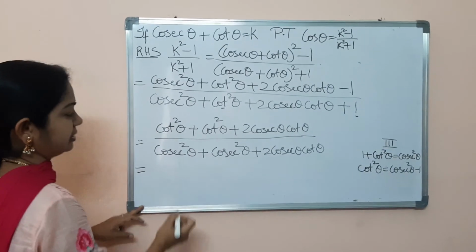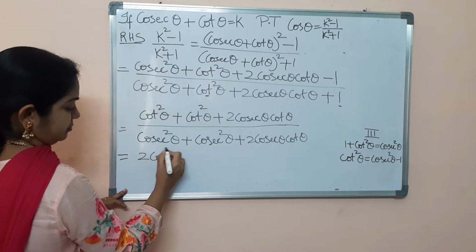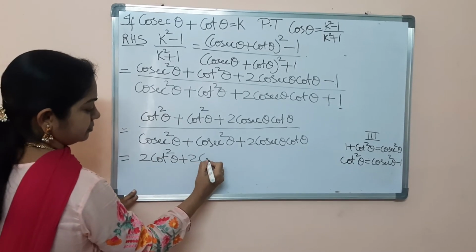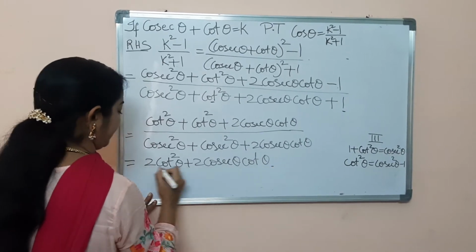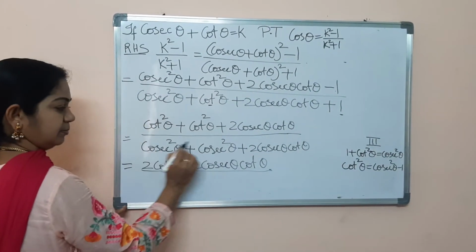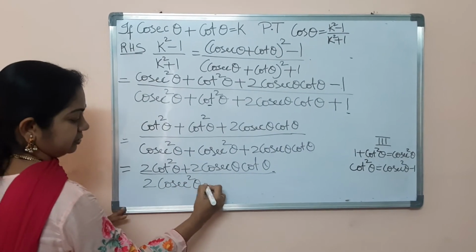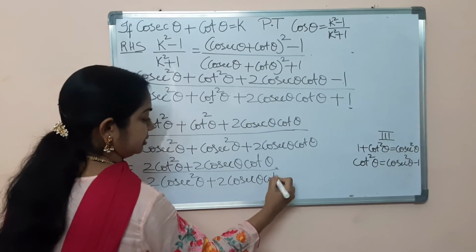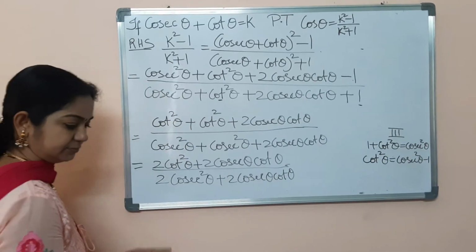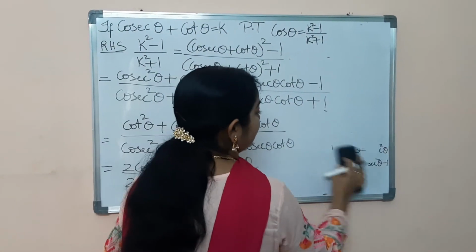Now let's take this: 2 cot square plus 2 cosecant theta and cot theta. In the numerator, 2 cot square theta plus 2 cosecant theta cot theta. Here both are cosecant square, so in the denominator, 2 cosecant square theta plus 2 cosecant theta cot theta. We'll take the common part.